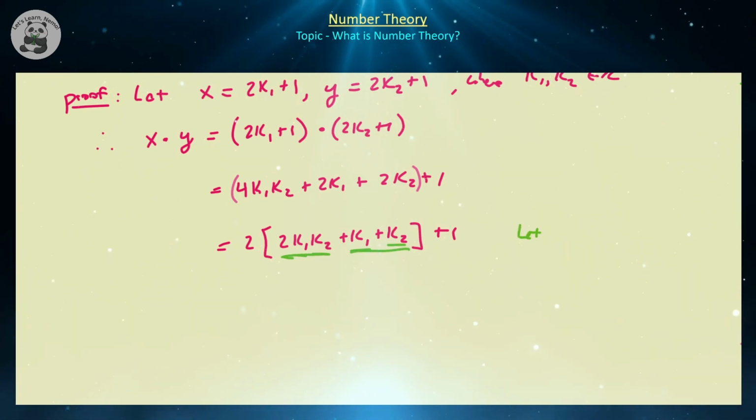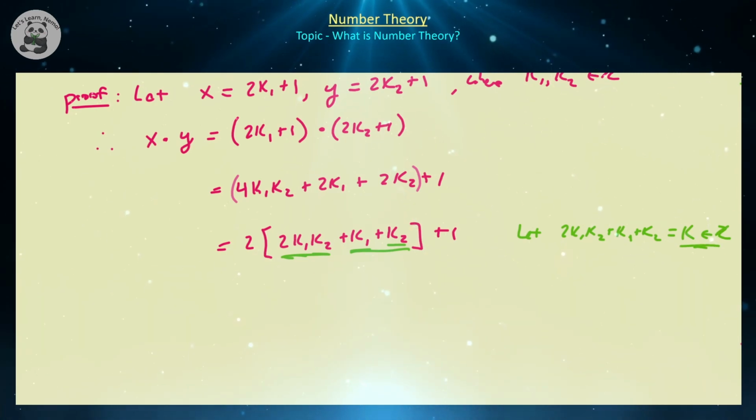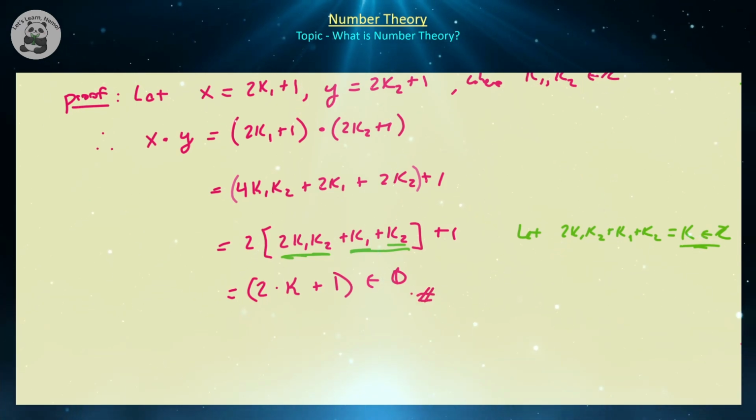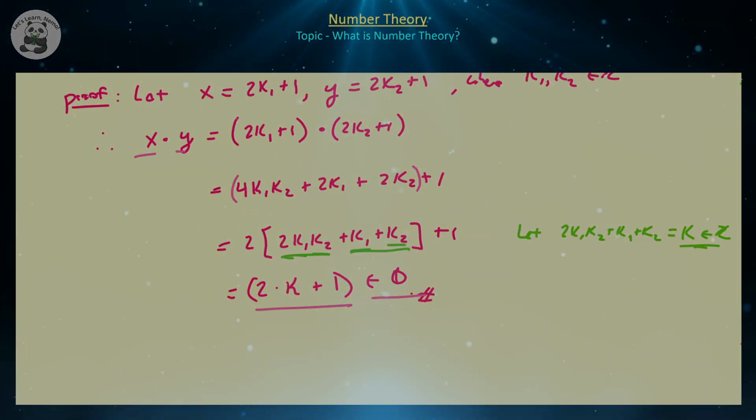So we're going to let 2k1k2 plus k1 plus k2 represent k, because we know that's an integer, because Z is closed under addition and multiplication by 2. So that means this expression is equal to 2 times some arbitrary integer k plus 1, which is the structure of an odd integer. We've chosen two arbitrary odd integers, we've shown that the product is also an odd integer, and hence O is closed under ordinary multiplication.